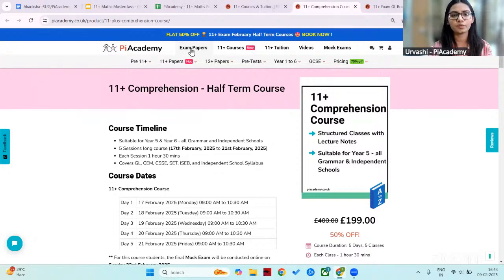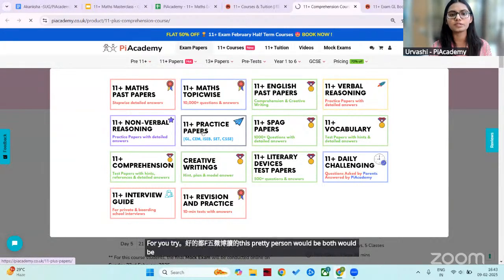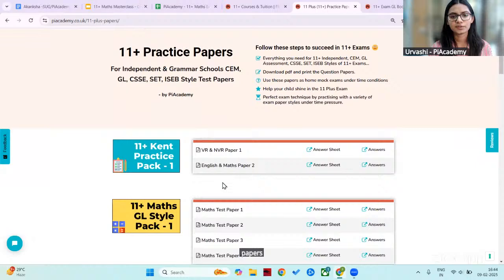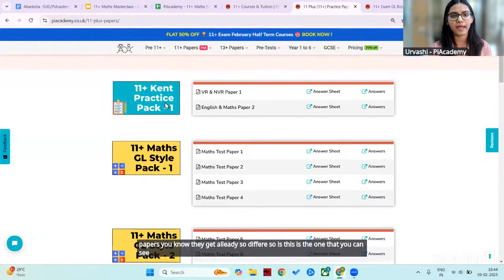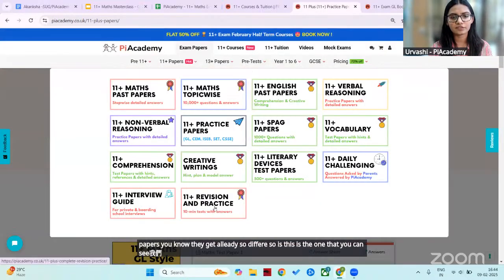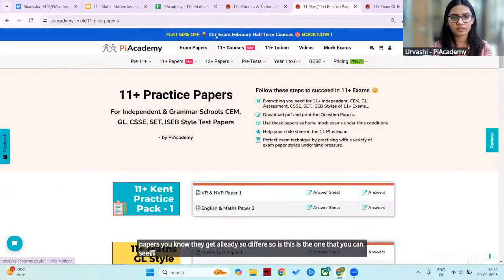If you go to the practice papers for every board, you would be able to see them, and we are always updating those papers regularly so that nothing is missed out. You can see the GL style pack, Kent style pack. Apart from that, there is a revision and practice section and an interview guide as well.